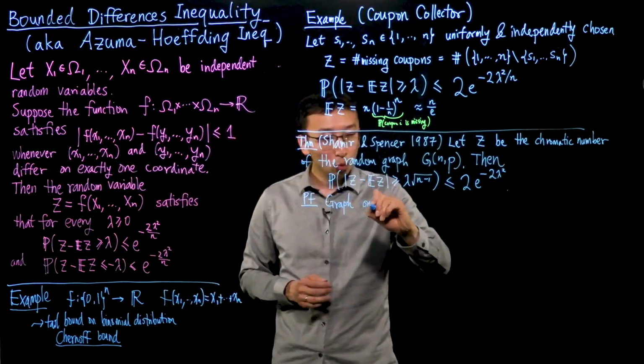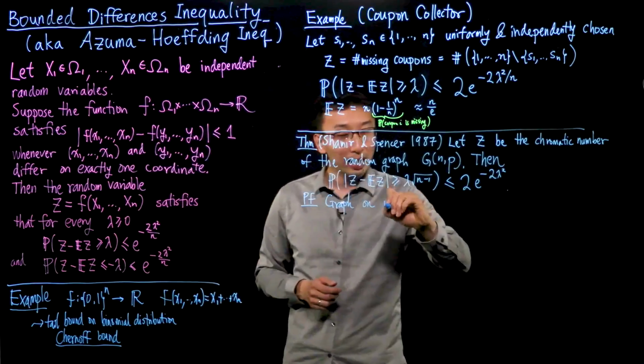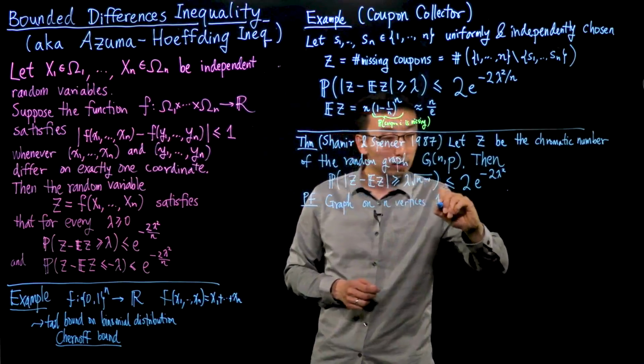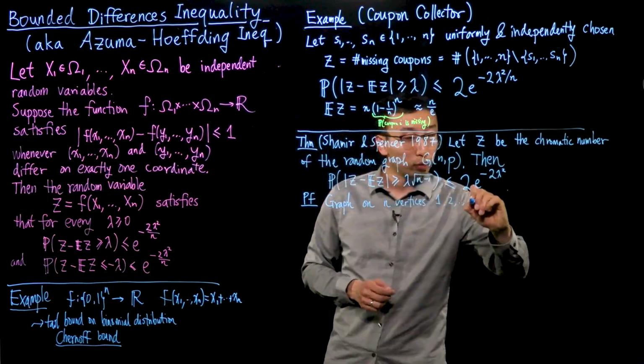So we will represent our graph on n vertices labeled 1 through n.